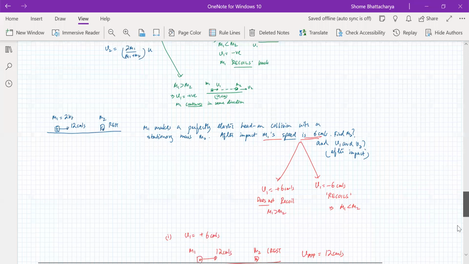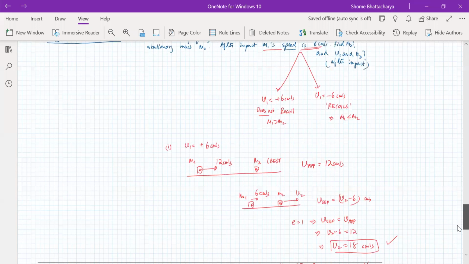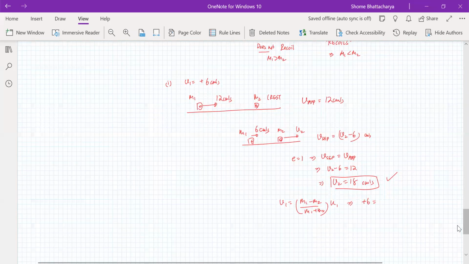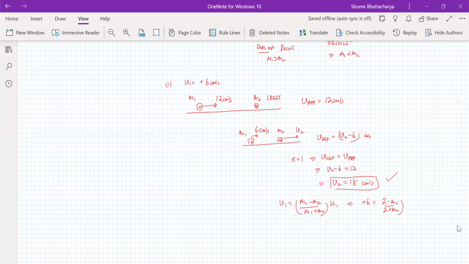Okay. So (2 minus M2) upon (2 plus M2) is 1/2. So this is the first case.